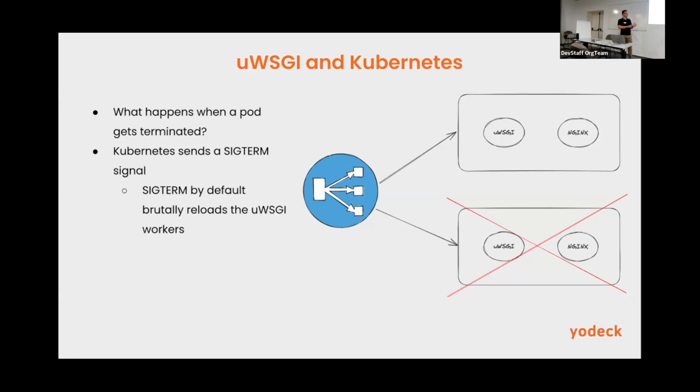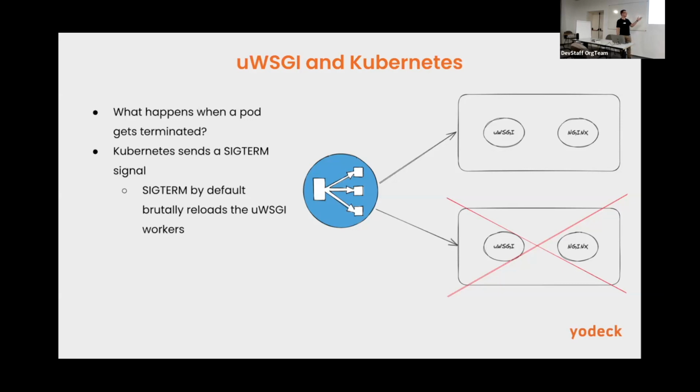So we first had to see what happens when we scale down our application, because when you scale up, it's easy. Kubernetes handles everything by utilizing readiness probes. When the pod gets terminated, Kubernetes will send a SIGTERM signal, just like Docker does.